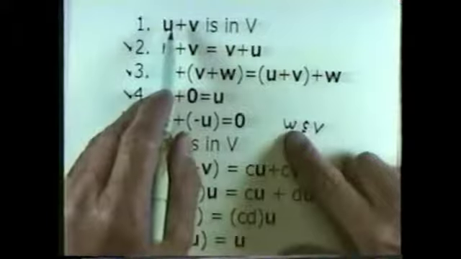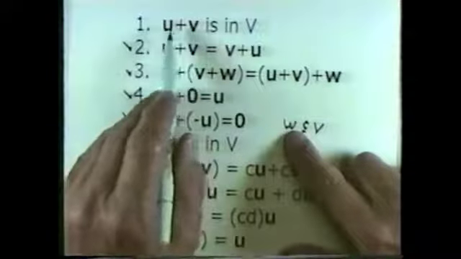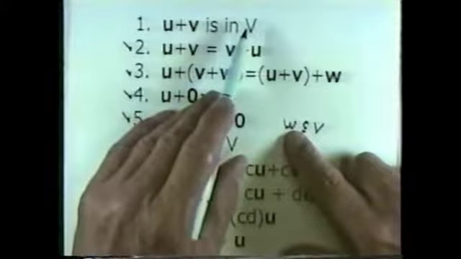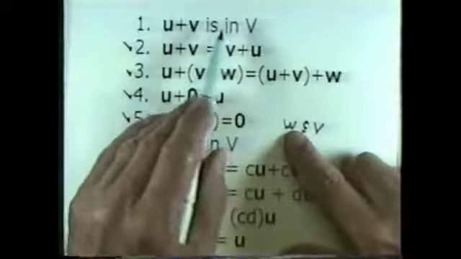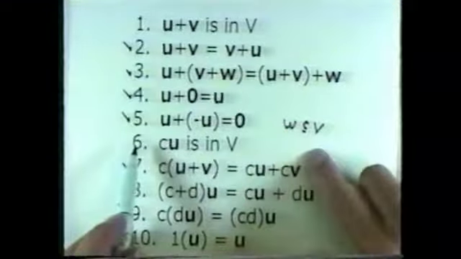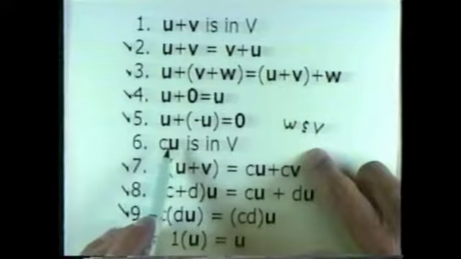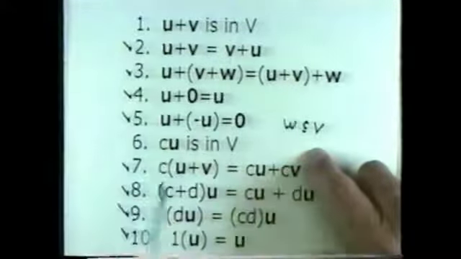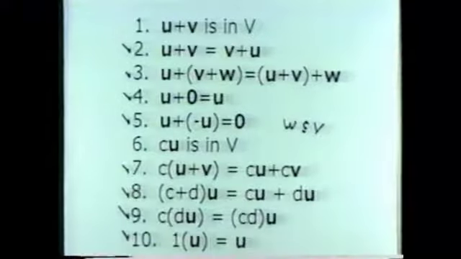Remember, U plus V is in V, but all this says is that U plus V is in V. It doesn't say that they will remain in W, so we've got to check that one, and we've got to check closure with scalar multiplication. So we must check 2 of the properties.